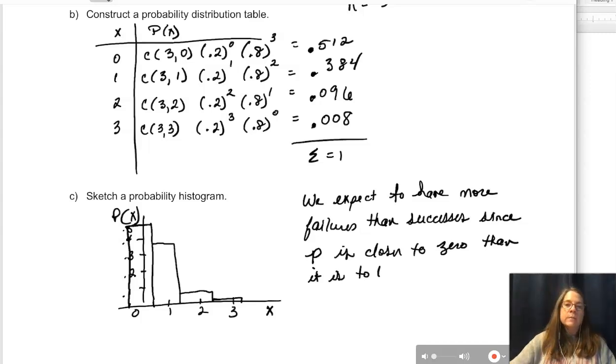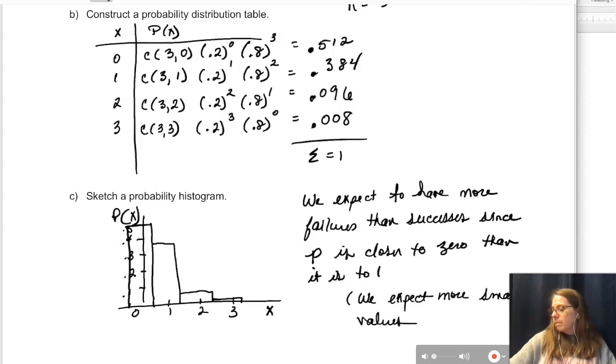In other words, we would expect to see more values of x that are on the lower end, because we would expect to see failures happen more often than successes.